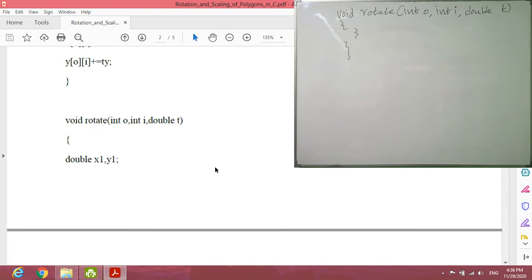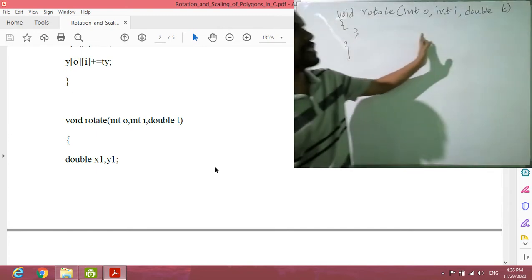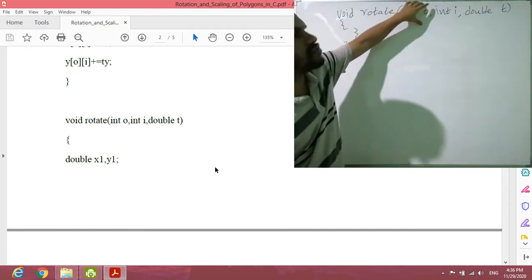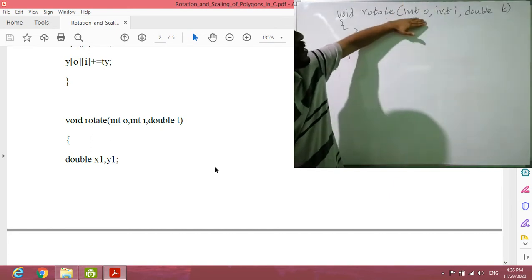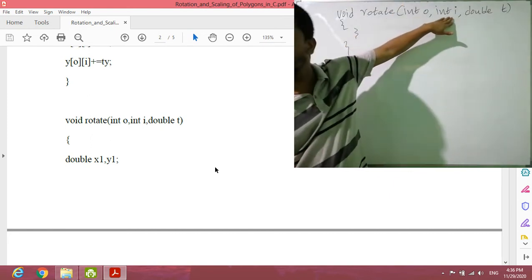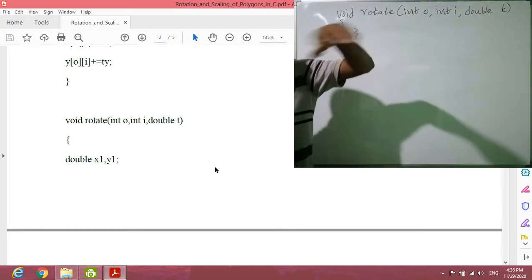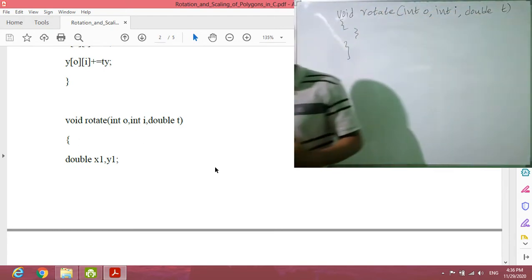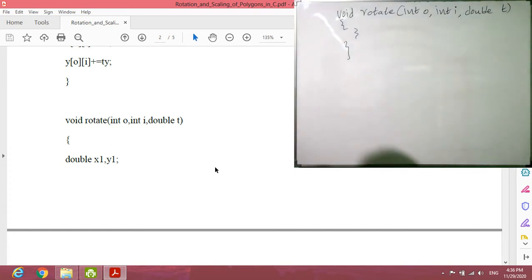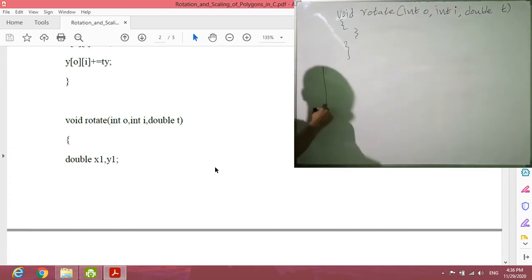Now the purpose of this particular function is, here we pass which polygon, the index of the polygon, then which vertex. This is the amount that should be rotated around the origin. Okay, the amount.